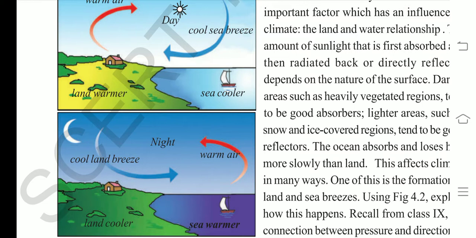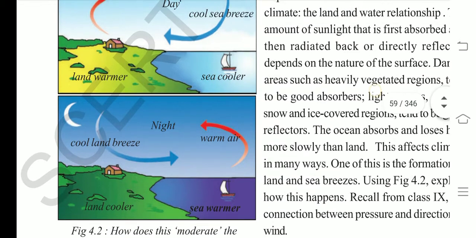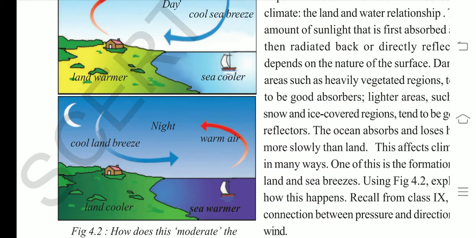This is one factor. My dear students, 71 percent of the earth's surface is covered with water, so it takes a long time to make water warm. The 29 percent that is land is very small compared to the water, so it absorbs heat very fast.